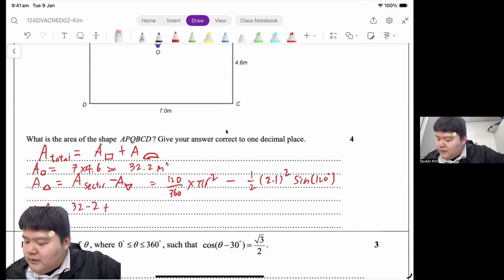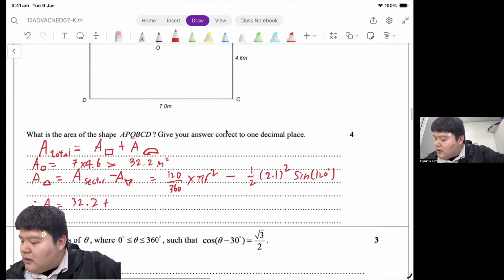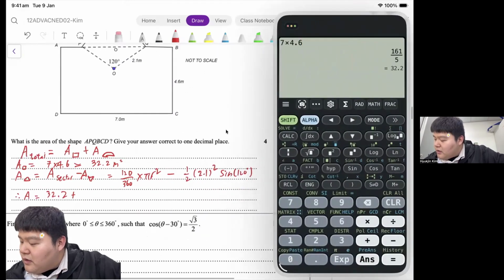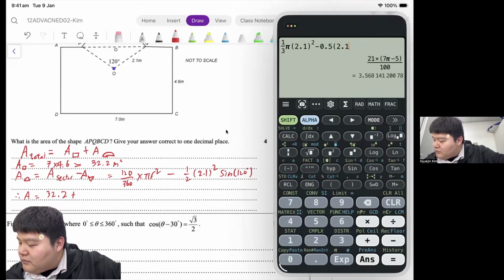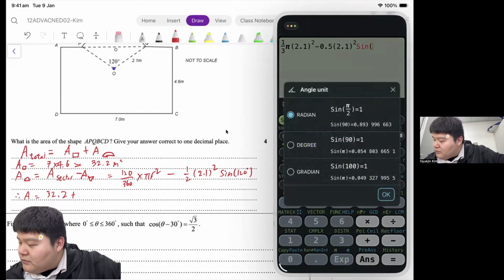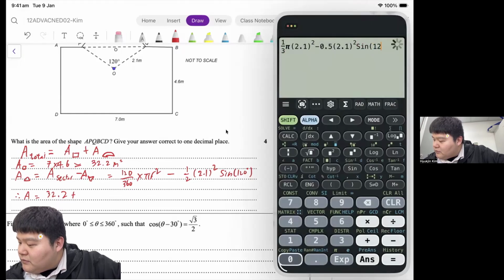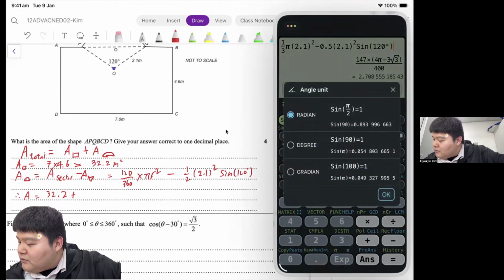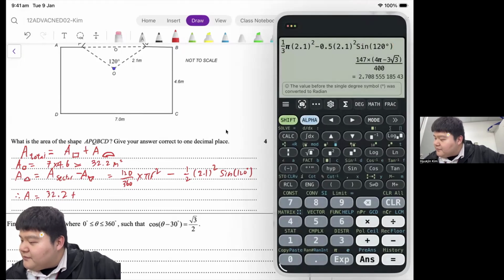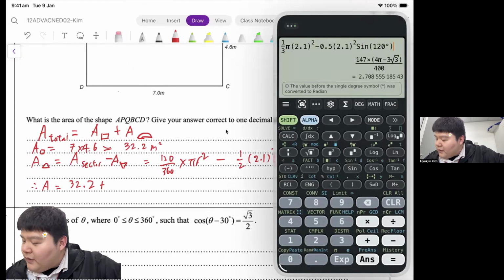Therefore, area equals 32.2 plus, so now this is 2.708, blah, blah, blah.